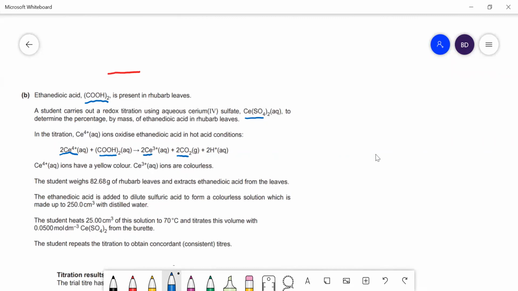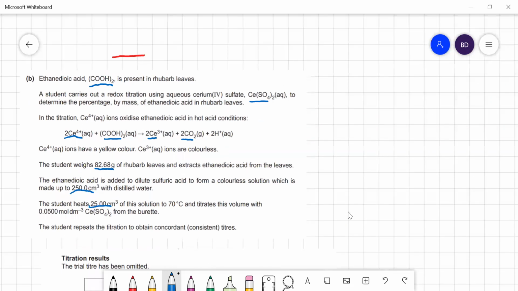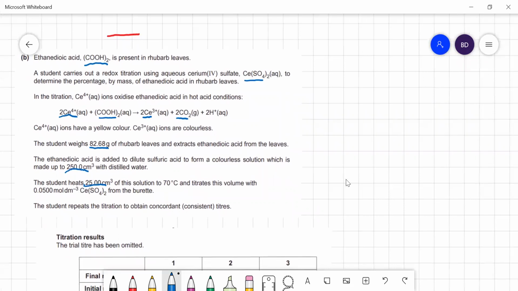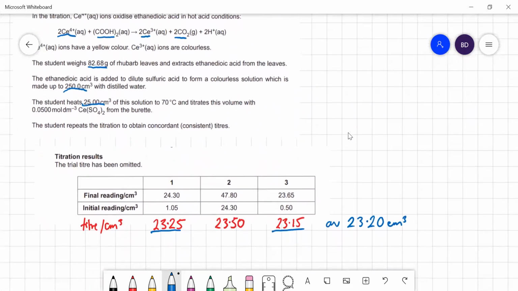Right, so he weighs out that mass of rhubarb leaves, extracts the ethane dioate acid, makes up a solution of ethane dioate to 250, and he's only taking 25 out of this time each time for titration. So it's the usual thing where you take 1/10 of the solution out for titration. Now, before we can do that, the student does repeat.